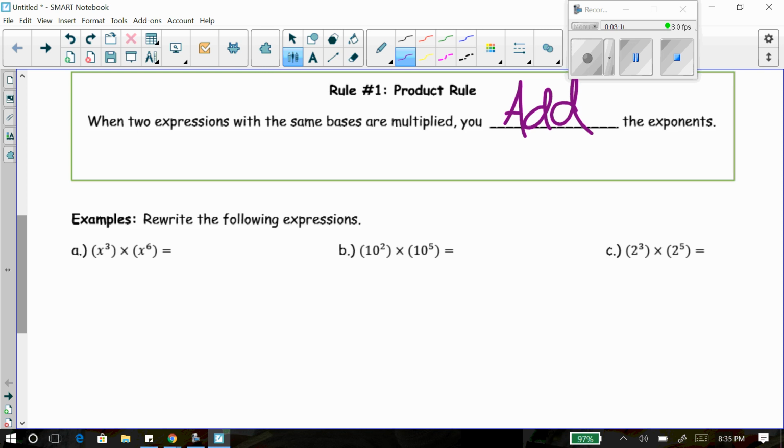x to the third times x to the sixth. Now they both have the base of x, and you add the exponents. So 3 plus 6 is 9. The next one, they both have a base of 10. So you keep the base, and you add their exponents. 2 plus 5, 7.